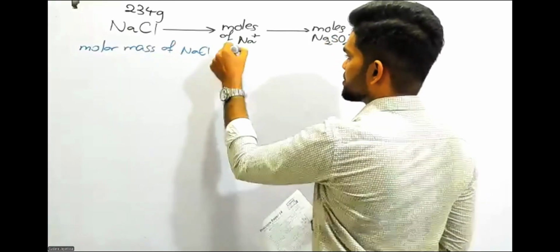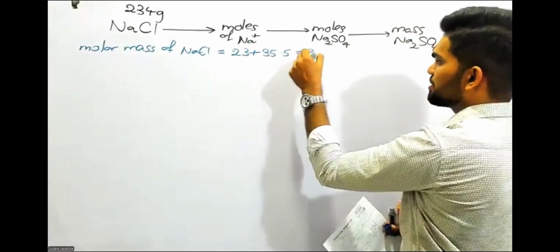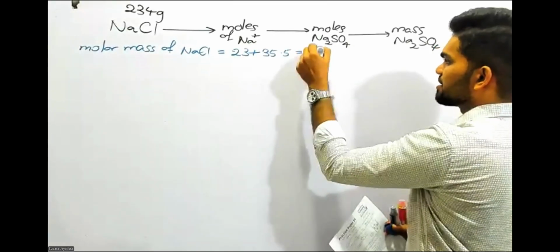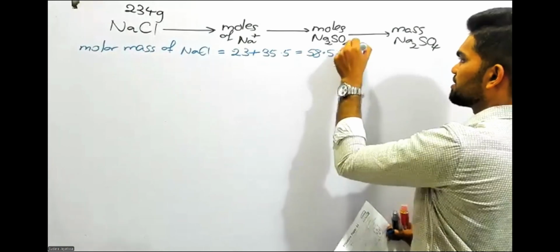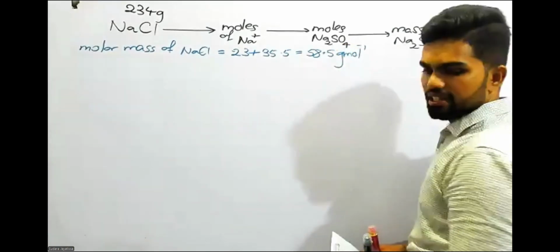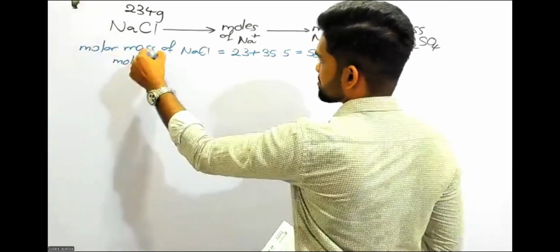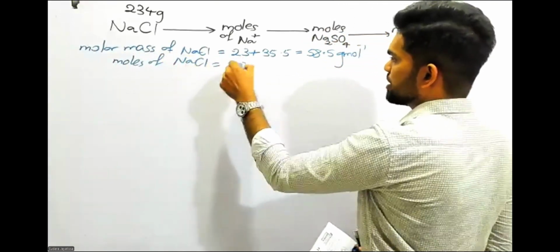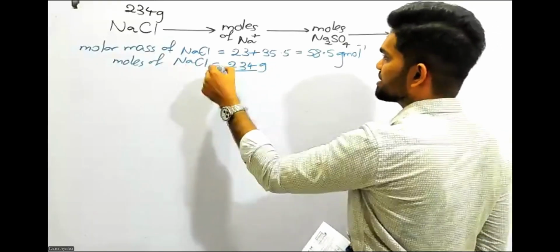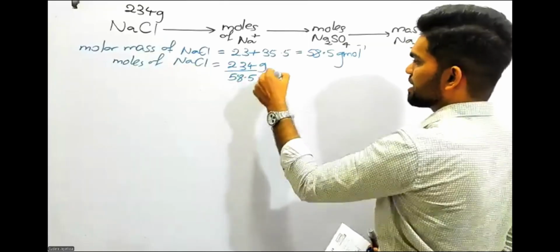NaCl. Sodium 23, chlorine 35.5, you get 58.5 grams per mole. Now let's find the moles of NaCl: 234 grams divided by 58.5 grams per mole.